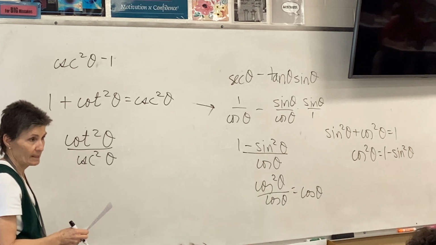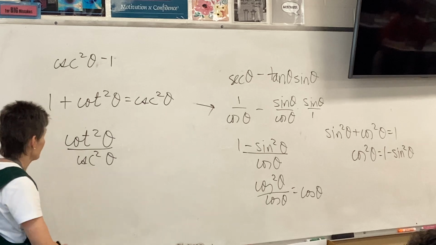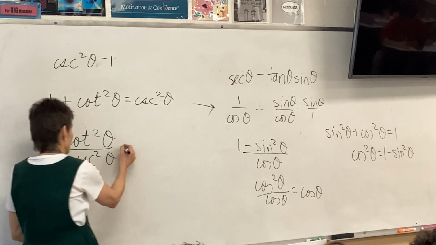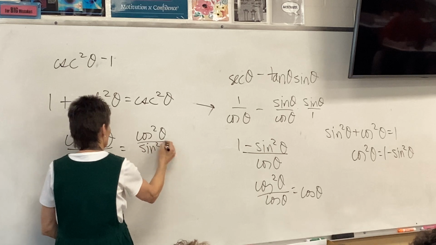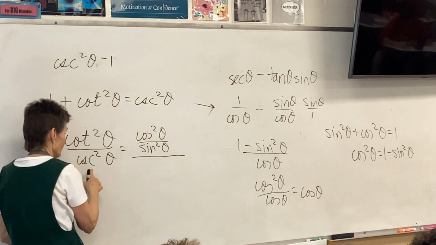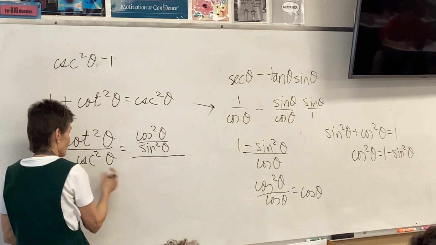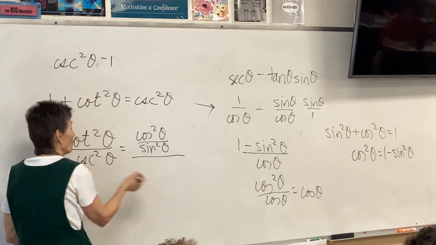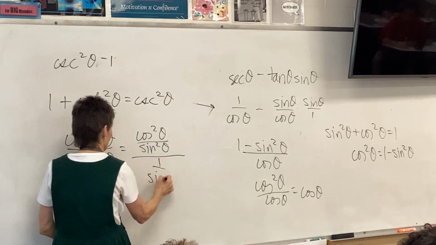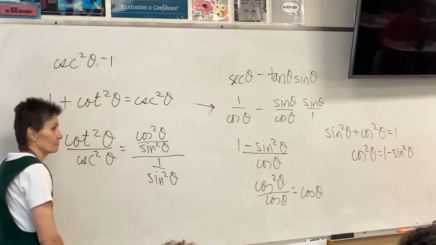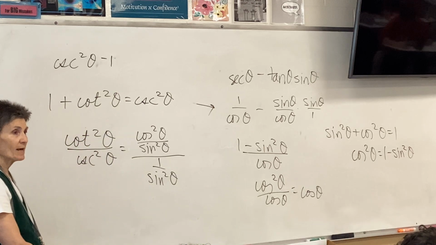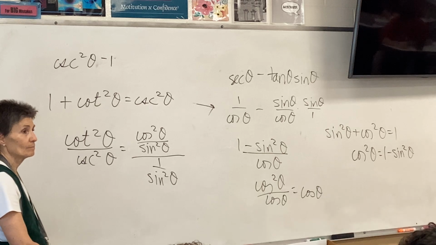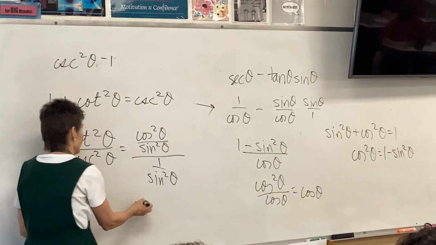Okay, now what? This is cosine squared over sine squared over, what's that? 1 over sine squared. And what happens to that? It's just cosine squared.